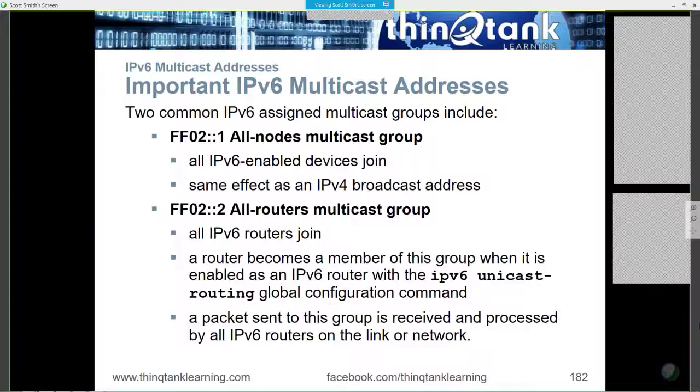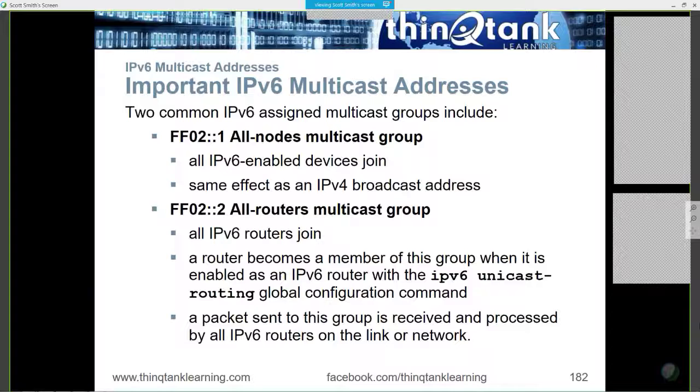FF02::1 is basically like a broadcast address for IPv6. Every single IPv6 host participates in it. So if you want to send traffic to all IPv6 hosts, send it to FF02::1. Why the ::? I mean, that looks like a pretty short address for IPv6, doesn't it?